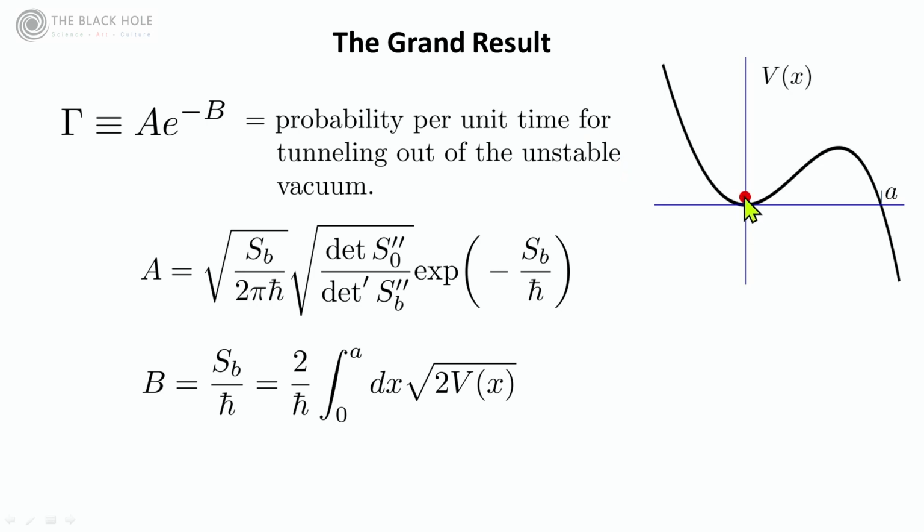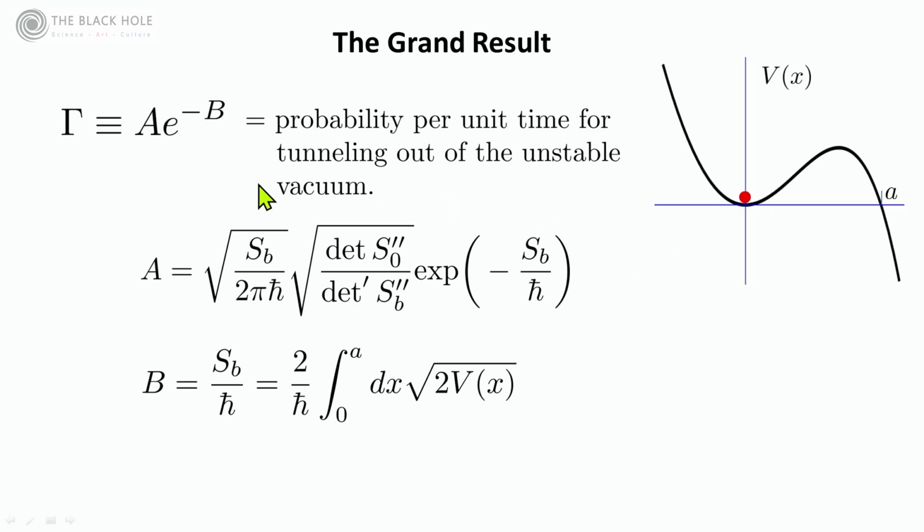So the probability that this particle over here will eventually disappear by going over the hill. And so this could be an alpha particle escaping a nucleus. It could be, well, yes, at the moment that's all we can say. But then later on, this could be the universe escaping its original state.